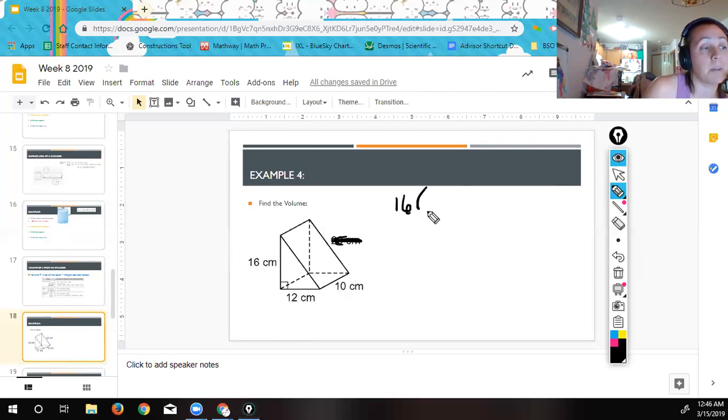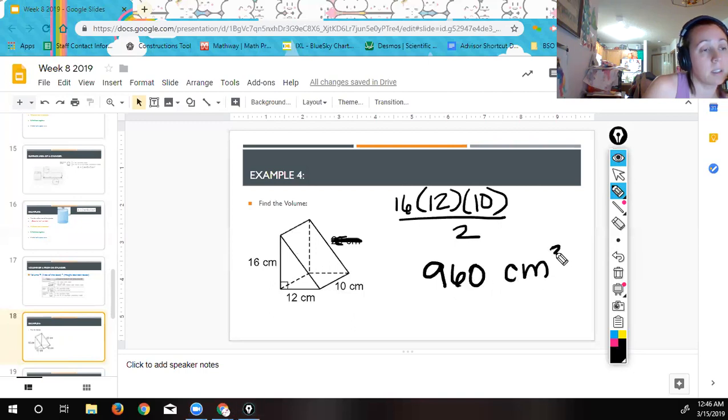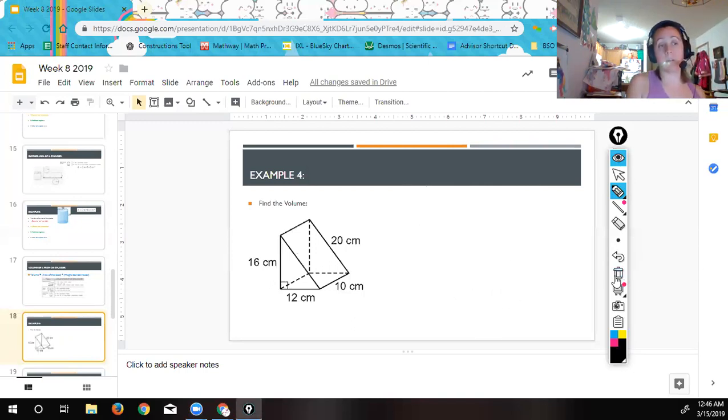If we multiply all of those numbers together and then divide by 2, you will get the same answer that we just got. 960. So you just gotta be careful to ignore things that you don't need.